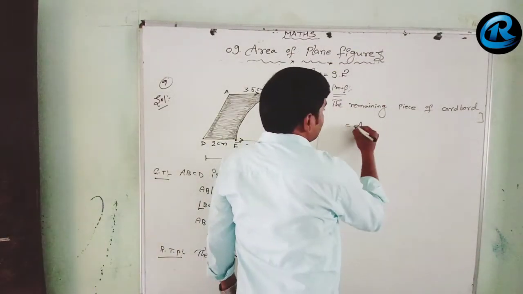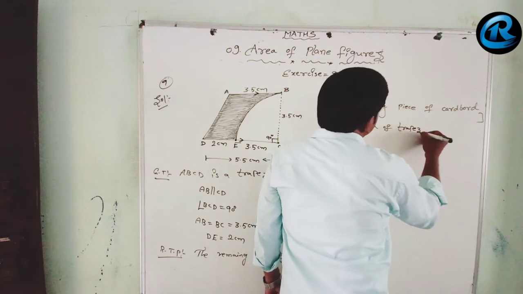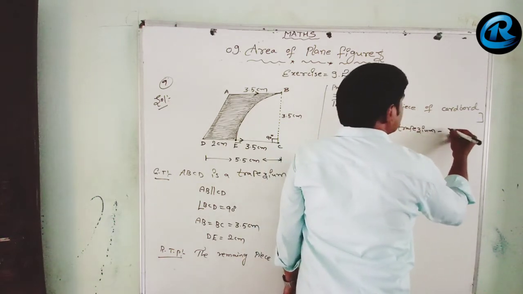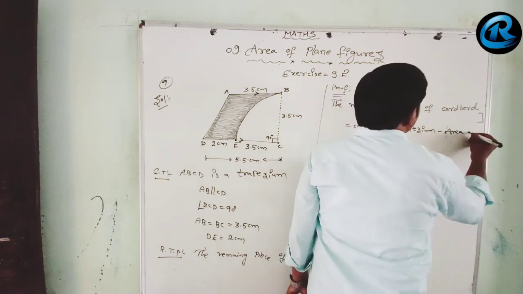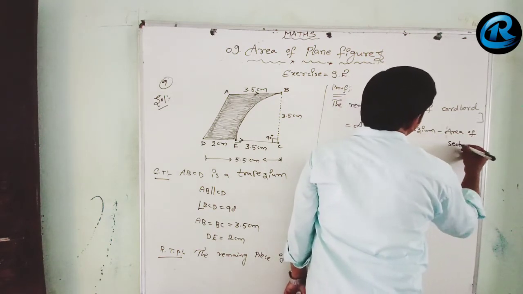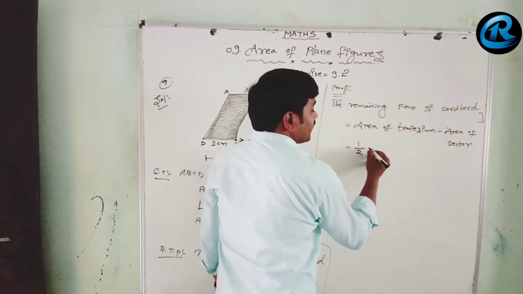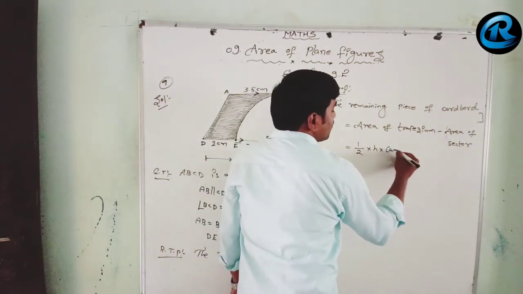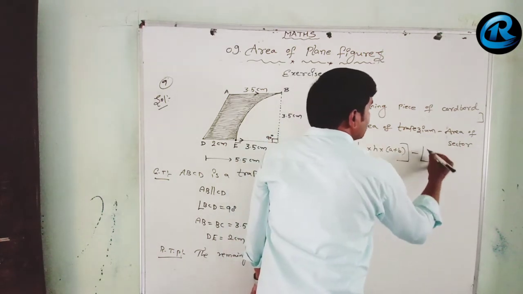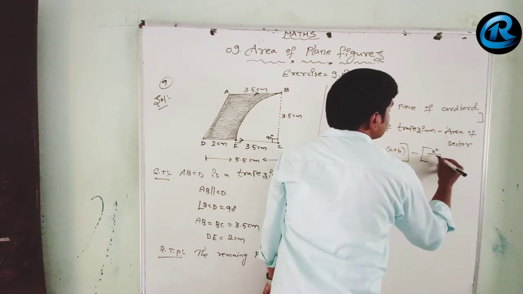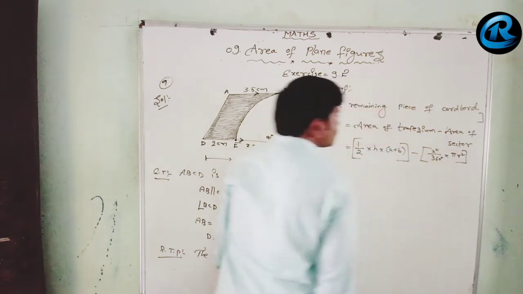Area of trapezium formula is 1/2 into h into (a plus b), minus area of sector formula x degrees by 360 degrees into pi r square.